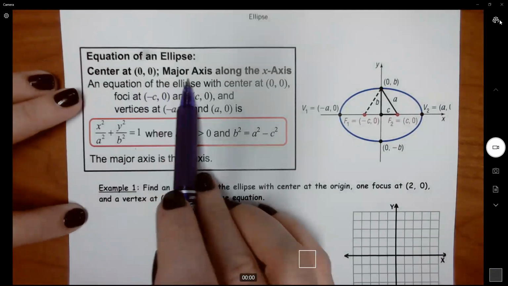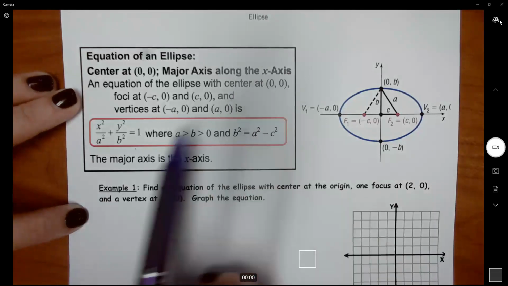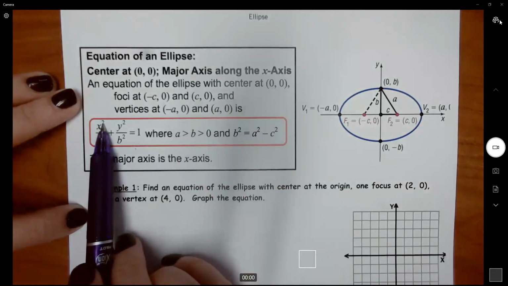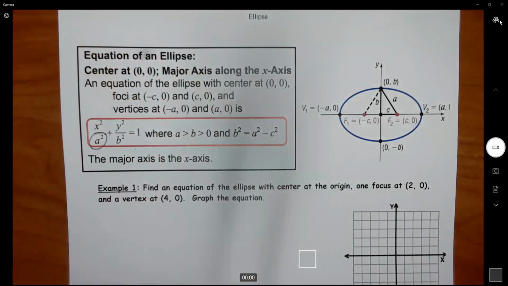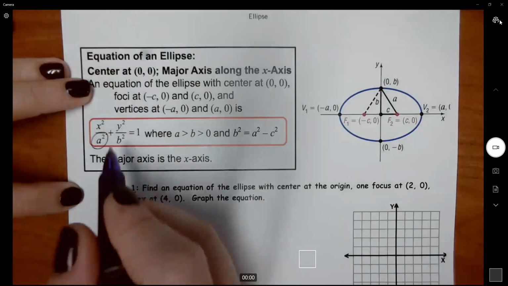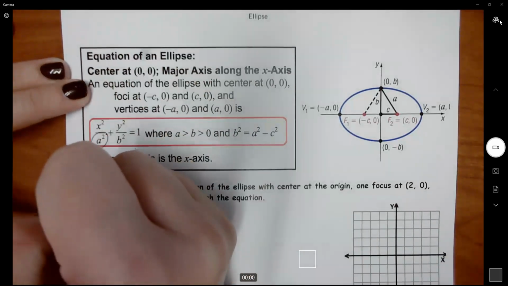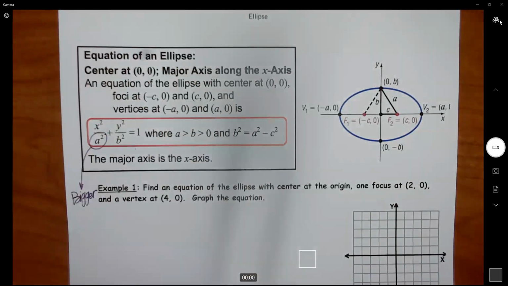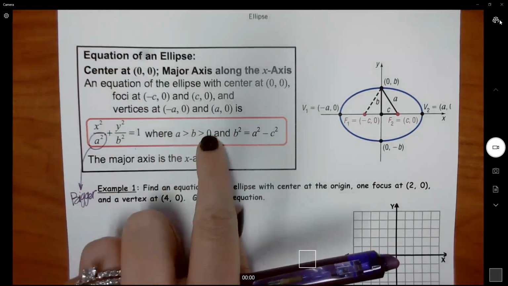And then we know the major axis is along the x-axis when my a squared is under my x. Now, we can always tell where a squared is because a squared is going to be the bigger of the two numbers. And that's what it says right here, that a is greater than b, which is greater than 0.